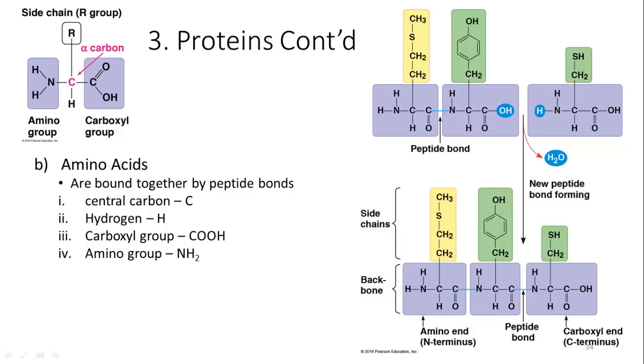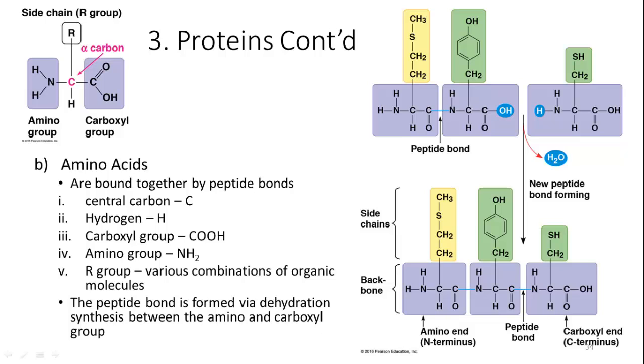So these are two of the groups which we talked about before, and then an R group. And the R group is what defines the amino acid. All amino acids have those three things the same: the amino group, the hydrogen, and the carboxyl group. And it is the R group, or the side chain group, which is different.